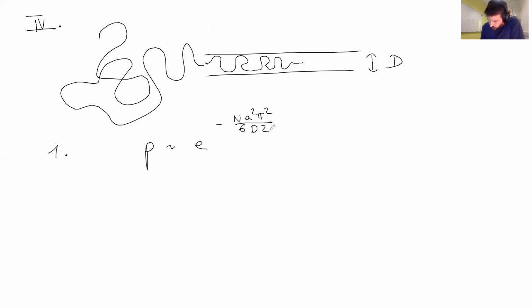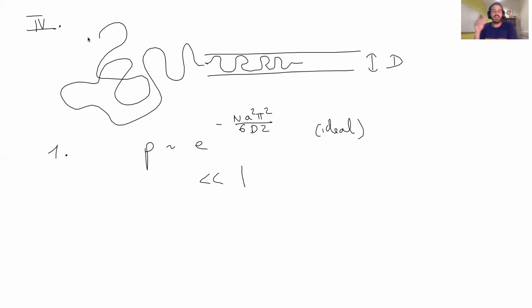This is for the ideal situation, but just for reference, we see that the probability is basically much smaller than 1. Because D is small, we are ground state dominated, and so this exponential is exponential minus infinity in a sense, or at least something very large.